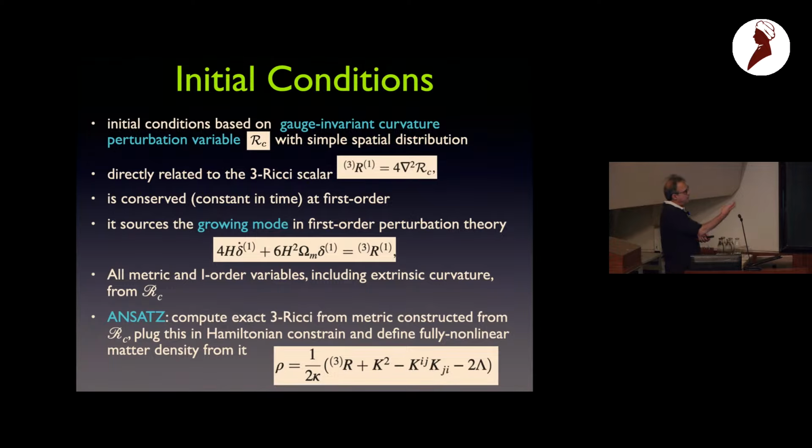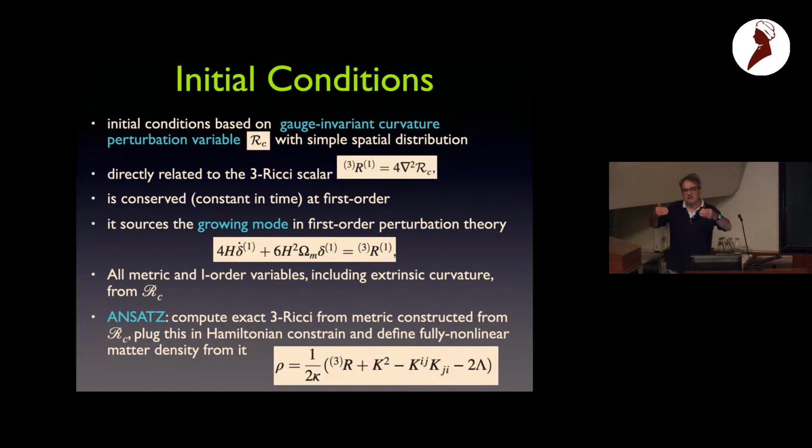You get the growing mode and the decaying mode out of this equation. The growing mode is the one sourced by the particular solution, and the homogeneous solution is the decaying mode, okay? We take just the growing mode, and construct the metric and the extrinsic curvature.